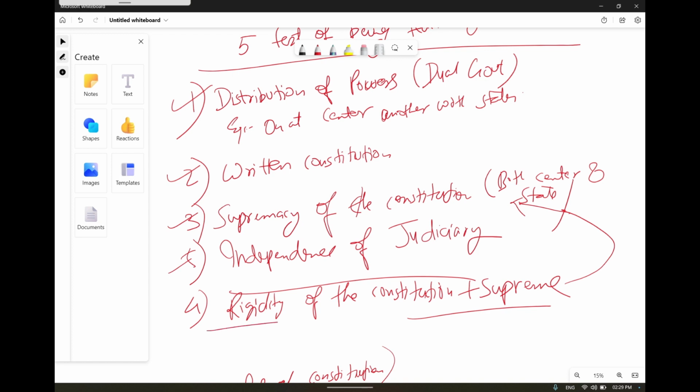This term rigidity does not mean that you can't change it. You can change it, but it should be difficult to amend. It is not like if one person wants to change the constitution, they are able to change it. If the prime minister wants to change the constitution, they are not able to. Everyone's decision should be involved while making any changes to the constitution. So that's why we are calling it rigidity of the constitution.